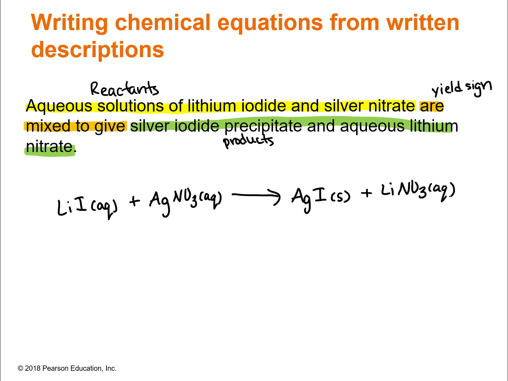So what you really need to do is pay attention to detail. Because I could give you an option where it's the right compounds, but maybe instead of putting solid here, I put aqueous. And that wouldn't be correct. So pay attention to detail. States of matter, make sure that your chemical formulas are correct, all those kinds of things.